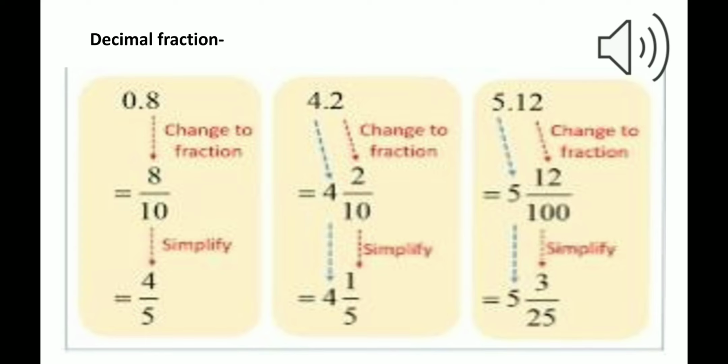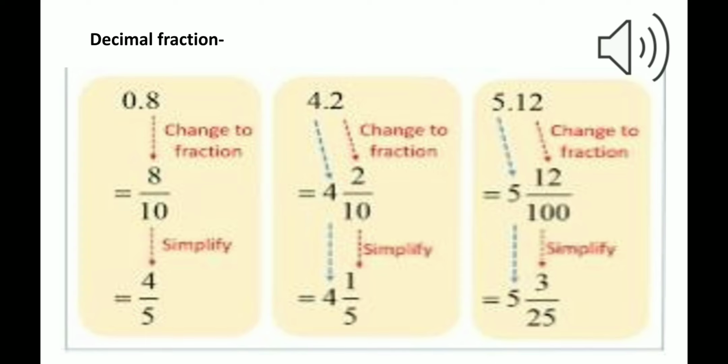If you don't know, we will study this later. We also have to study decimals. So when 0.8 is converted to a fraction, it becomes 8 by 10 because there is a small dot. Now that dot is known as the decimal. And after the decimal, there is only one digit. So the number of digits after the decimal, that many zeros are put in the denominator.